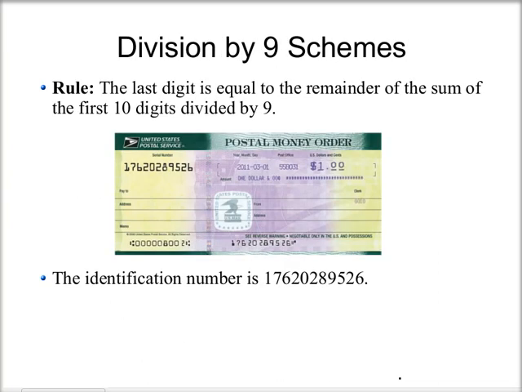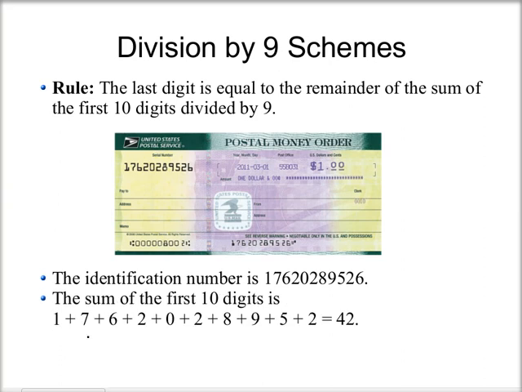So let's look at an example of a money order. This is a Postal Service money order, and I've got my rule up here. The last digit is equal to the remainder of the sum of the first 10 digits divided by 9. So here is my identification number, copied down from the money order here. Let's check the rule. First, I want to find the sum of the first 10 digits.